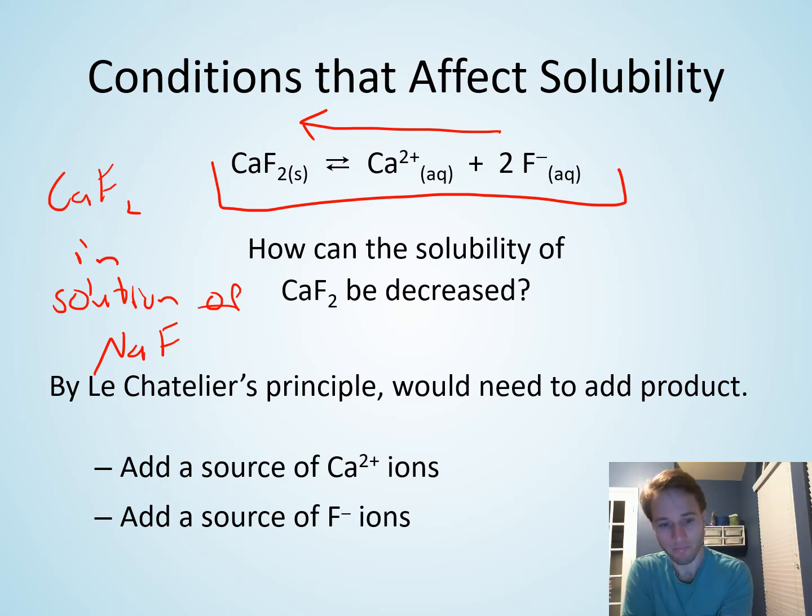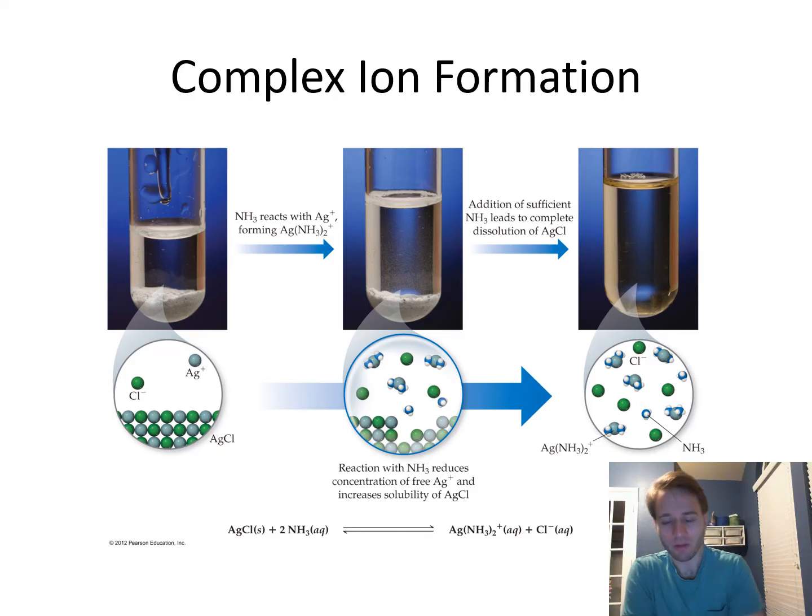One other thing that can affect the solubilities of salts in solution is when they potentially form complex ions. For example, silver chloride is a lot more soluble in a solution of ammonia because it can form this silver ammonia complex in solution.